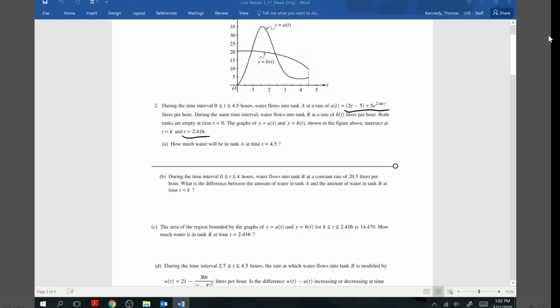What is the difference between the amount of water in tank A and the amount of water in tank B at time t equals k? So it says it meets twice, once at 2.416 here, and once at this value we don't know, which is what they're calling k. And B is flat there, so that stays consistent with what they're describing.